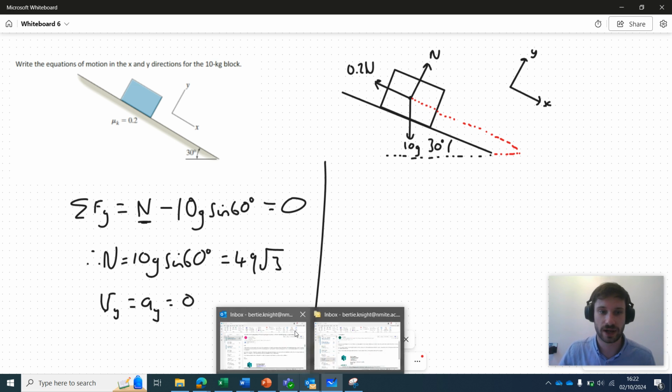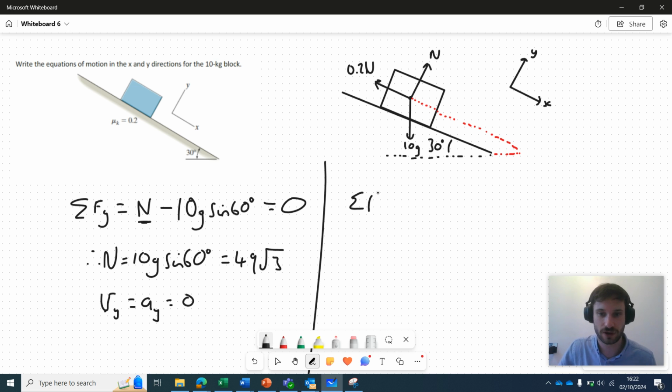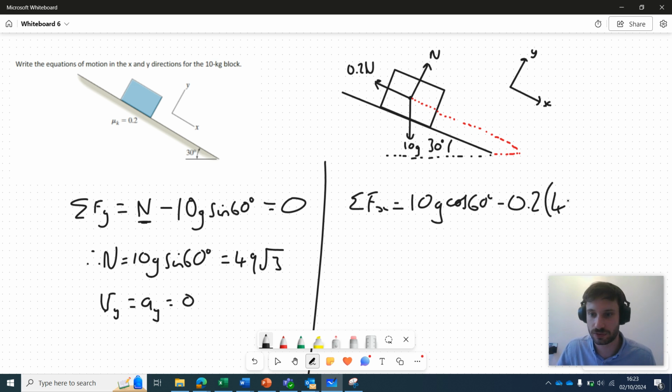Okay, let's consider the x direction then. So sum of forces in the x direction. Again, I had to slant my head. Things moving to the right, we could say that's the x component of this 10g force, which we can describe as 10g cos 60, and this 0.2 N acting to the left, I'm going to describe as 0.2 times 49 root 3.